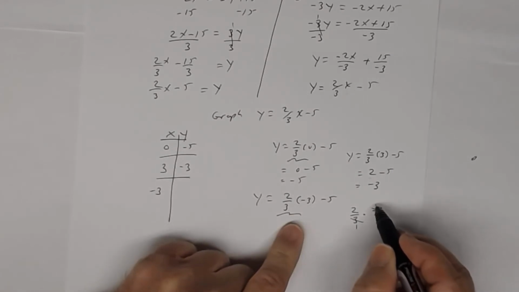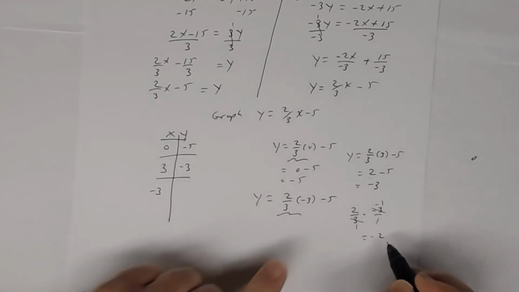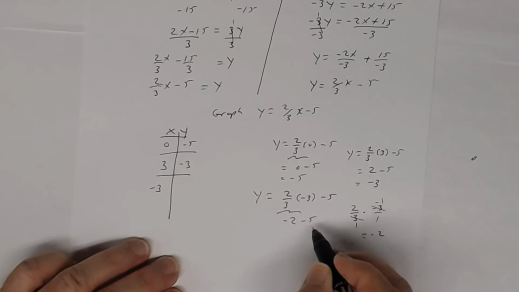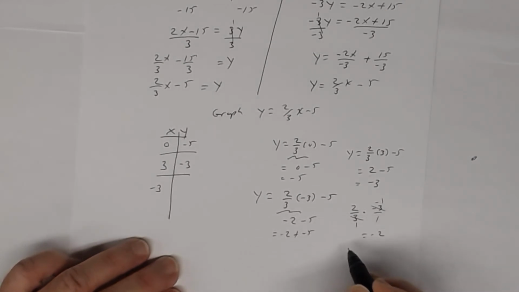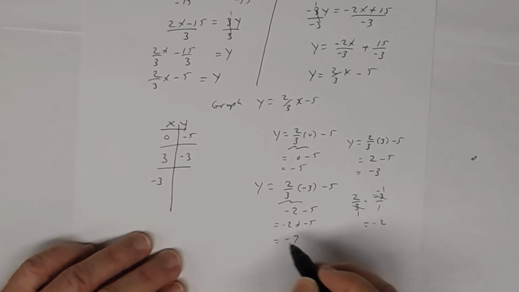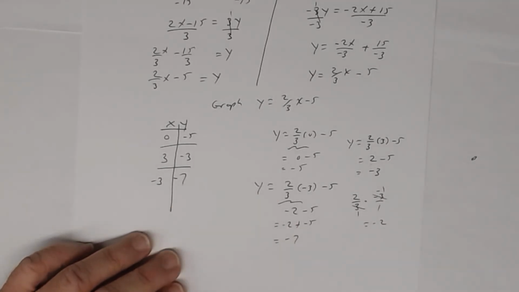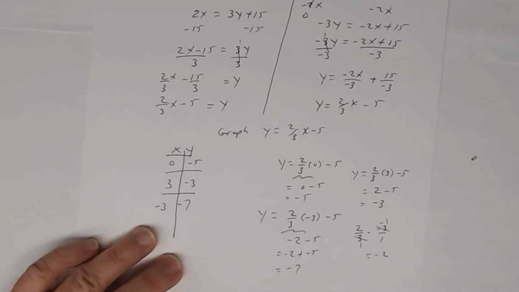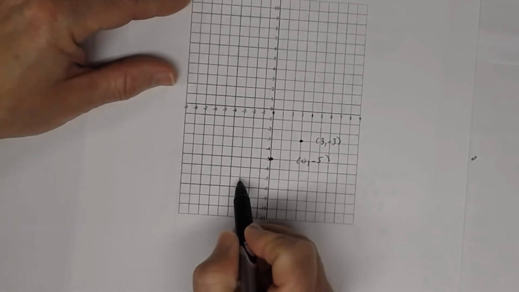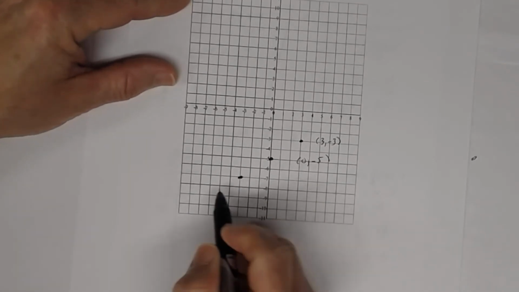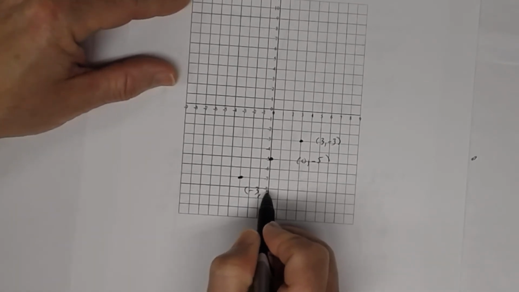Negative 3 divided by 3 is a negative 1. 2 times a negative 1 is a negative 2. So this is a negative 2 minus 5, which means the same thing as negative 2 plus a negative 5, which is a negative 7. So I'm going to plot the ordered pair, negative 3, negative 7. So to the left 3, down 7. So there's the ordered pair, negative 3, negative 7.